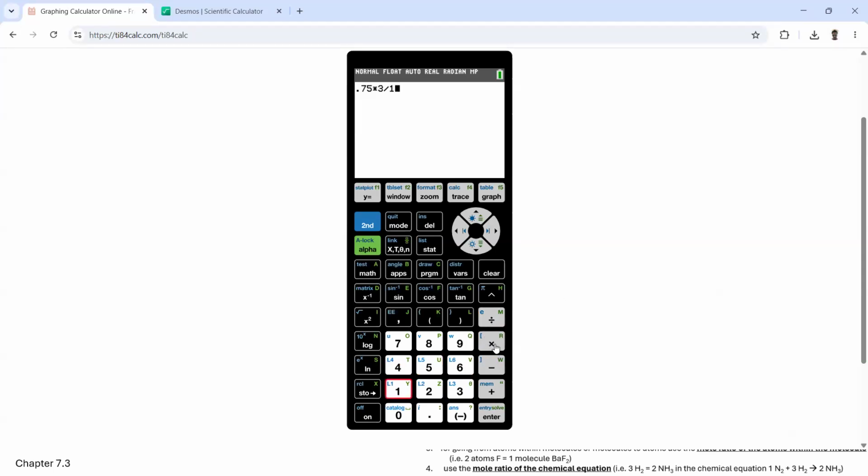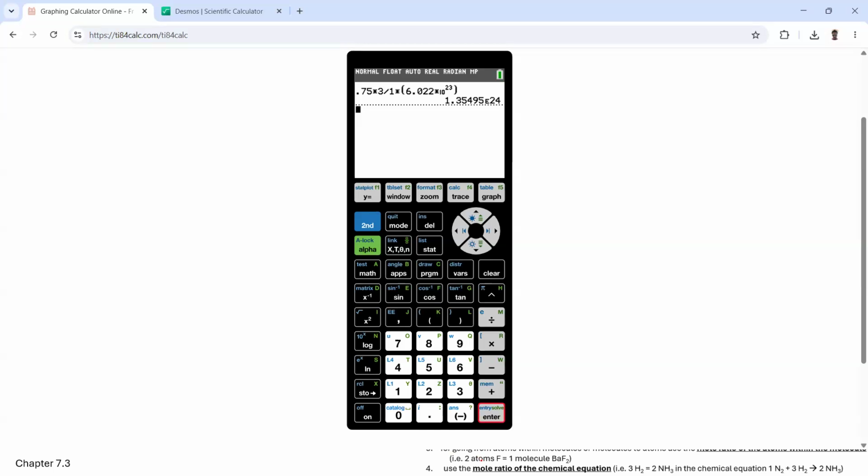And then times, and I'm going to put this in parentheses, 6.022 times second 10 to the 23rd. I'm going to use this little arrow to go to the right, put a close parentheses, and then enter. So I got 1.35, or it's going to be 1.4, and that e to the 24, that's going to be the same as 10 to the 24.